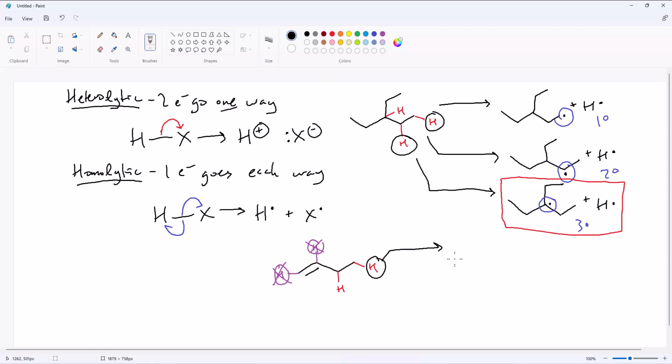Let's first examine this terminal case. If we abstract the hydrogen, we form the primary radical.